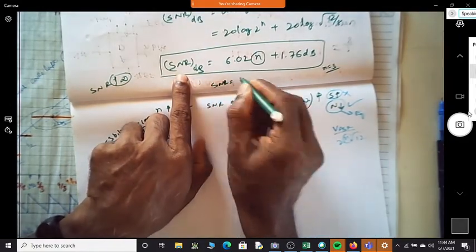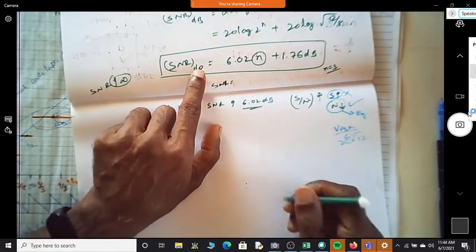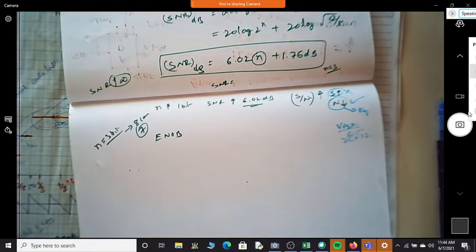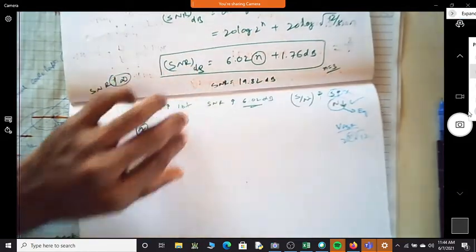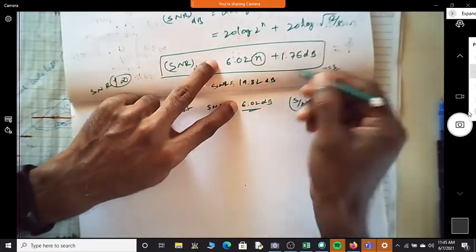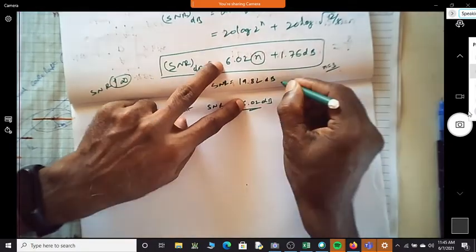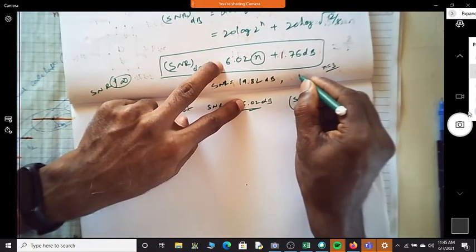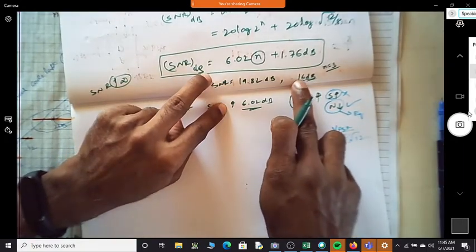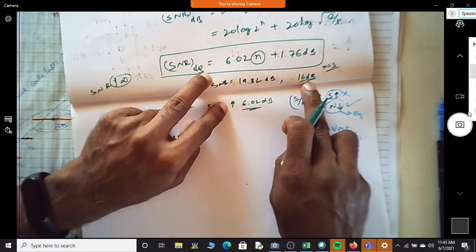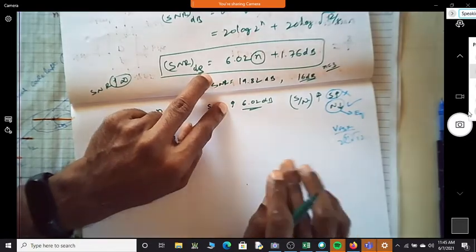It was around 19.82 dB: 6.02 into 3 plus 1.76, that is 19.82 dB, the signal to noise ratio. Assume that because of an error like this, this signal to noise ratio has reduced to 16 dB. Why has it reduced to 16 dB? Because my noise is more.